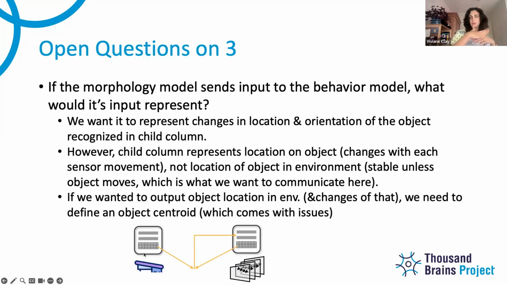So if the child is the stapler column, it says, all right, the stapler top is changing its location and orientation, and that change relative to the behavior model is sent as input to that behavior model. Well, I'm saying, does this feed forward make sense? You're saying it does. Give me an example of what this represents.